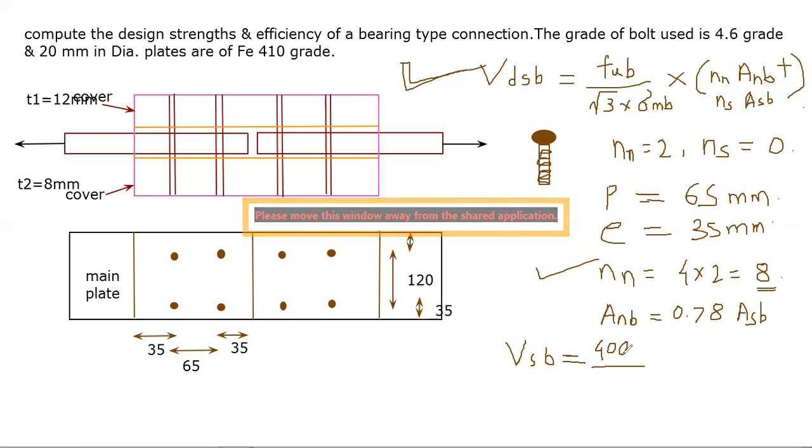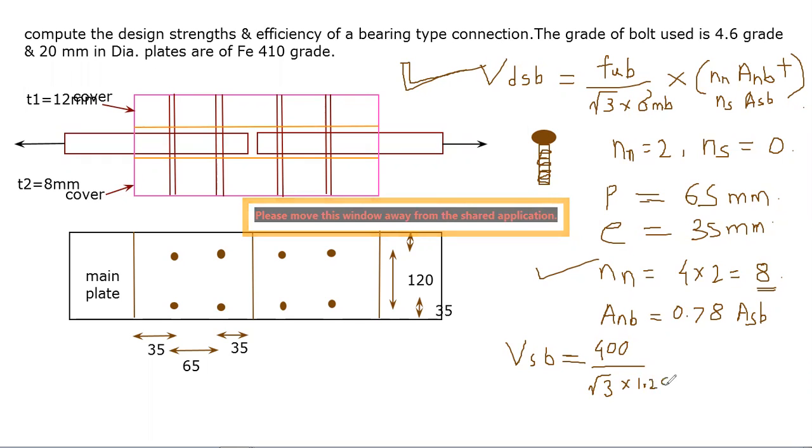You can refer to it; I have also shared with you the various codes, so side by side, you can study those codes. As per that code, for 4.6 grade, your ultimate tensile strength is 400 MPa. Directly, this value is derived from that table: 400 divided by root 3 as per this formula, multiplied by gamma MB, that is 1.25, the partial safety factor for the bolt.